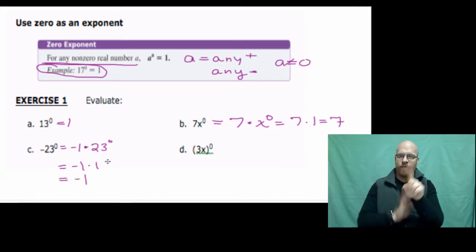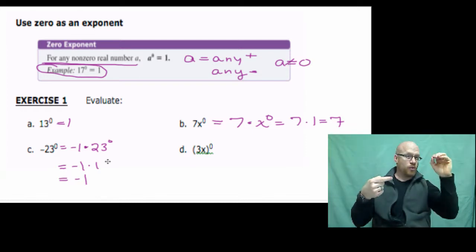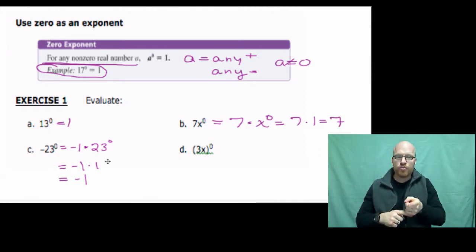See, that's the answer, negative 1. Because the negative of negative 23 is separate. It's negative and then 23 to the 0. So the answer is negative 1.